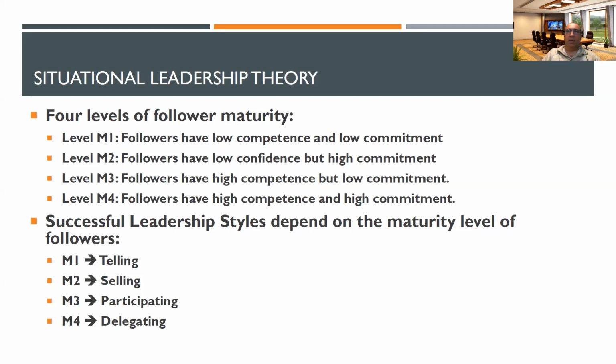If somebody is not trained or not committed, you just tell them what you have to do. M2 is selling. For selling, you have followers with low competence but high commitment. Then you can get them committed and understanding the benefit, and they will undertake the activity.